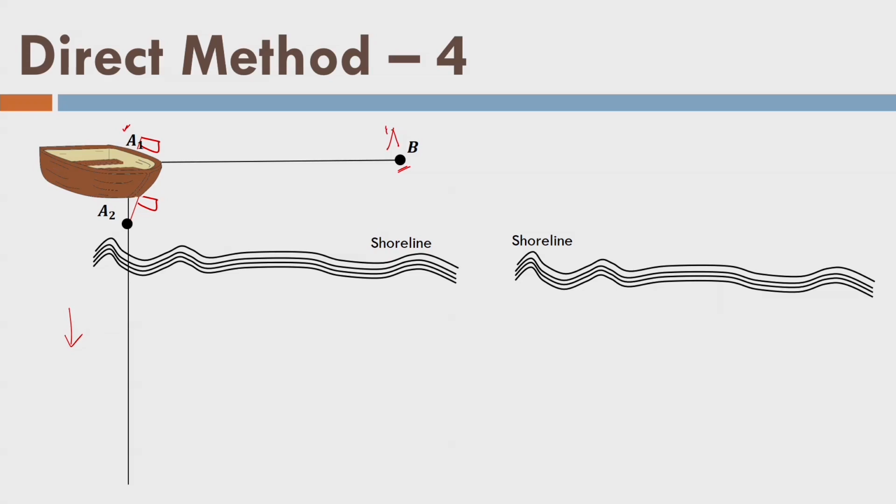From the boat, one surveyor can observe that his location, ranging rod 1 and ranging rod 2, that is A2 and A1, are in a straight line. So he can ensure that he is moving in a straight line. At the same time, we put a total station or theodolite at point B, and then we observe the angle of the boat at B, saying that A1B is a reference line.